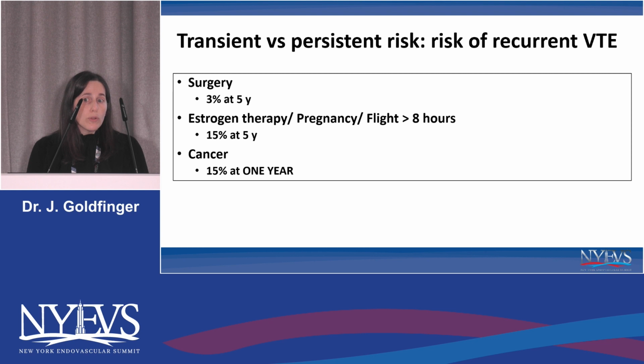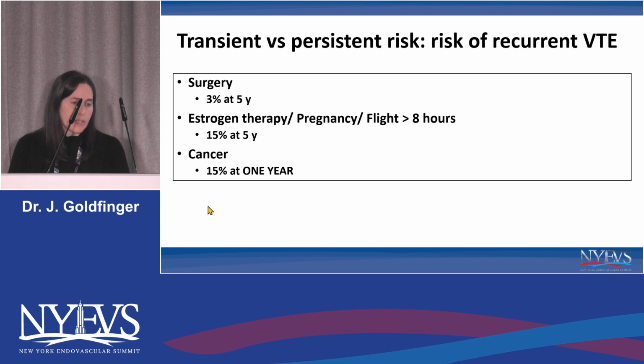So in terms of how long to treat a PE, what we're always looking at is transient risk or persistent risk, meaning what's the risk factor that's there that tells us how long the person needs to be treated. And sort of the way to think of it is low, medium, and high in terms of risk. So surgery is considered the lowest risk factor, transient risk, roughly 3% risk of recurrent clot at 5 years.